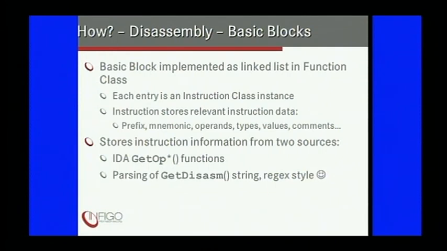It stores all the information that is returned from the getOp functions, getOp value, getOp operand, and so on. And also, the instruction contains all the opcodes and operands that are associated with the get disasm instruction. In the previous slide, this was discussed in cases when you don't want to use get name and you want to use get disasm.